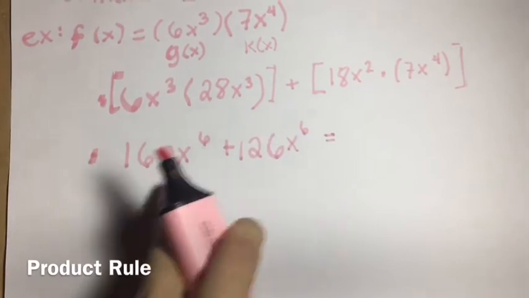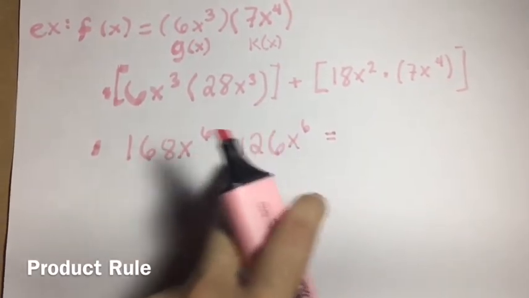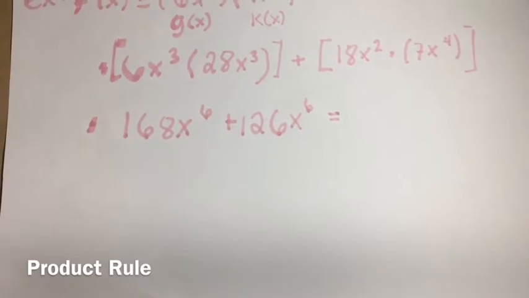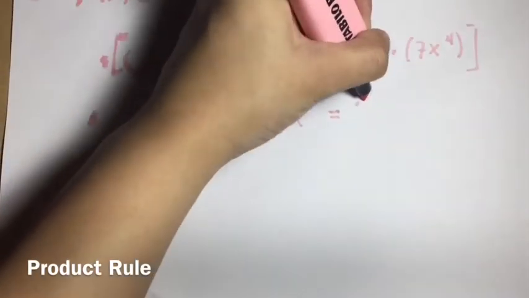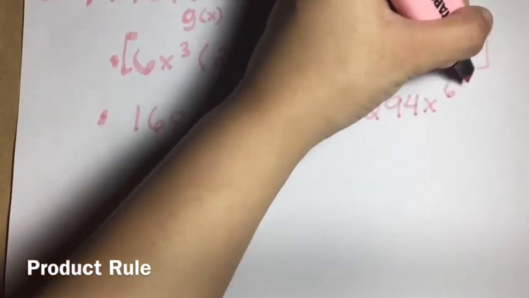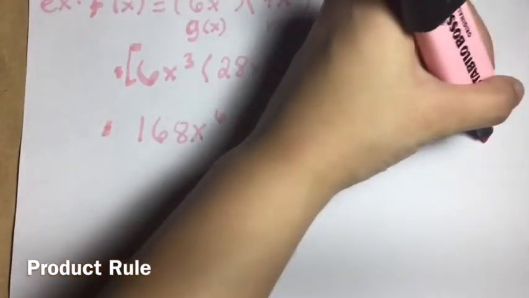Since these are both x to the 6th power, you could add them. So 168 plus 126, it would be 294 x raised to the 6th power. And this would be your final answer.